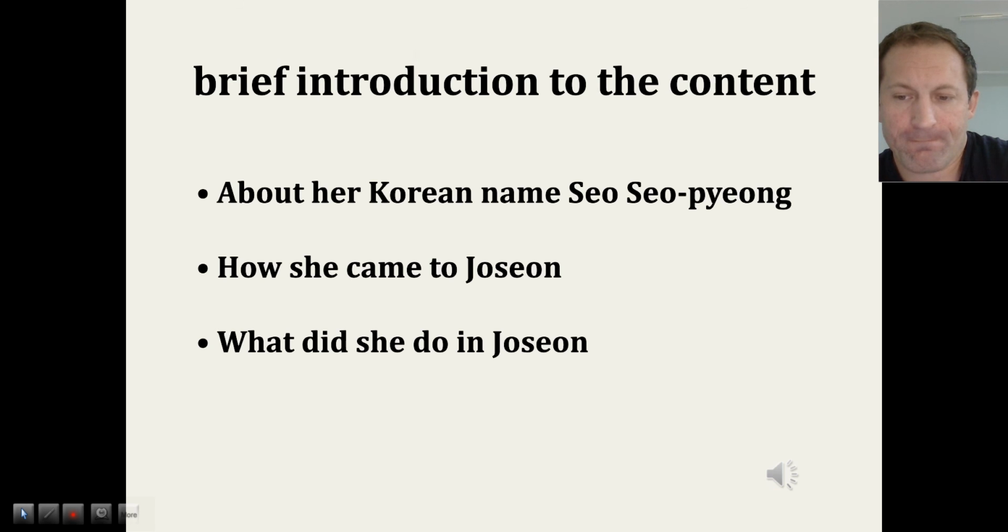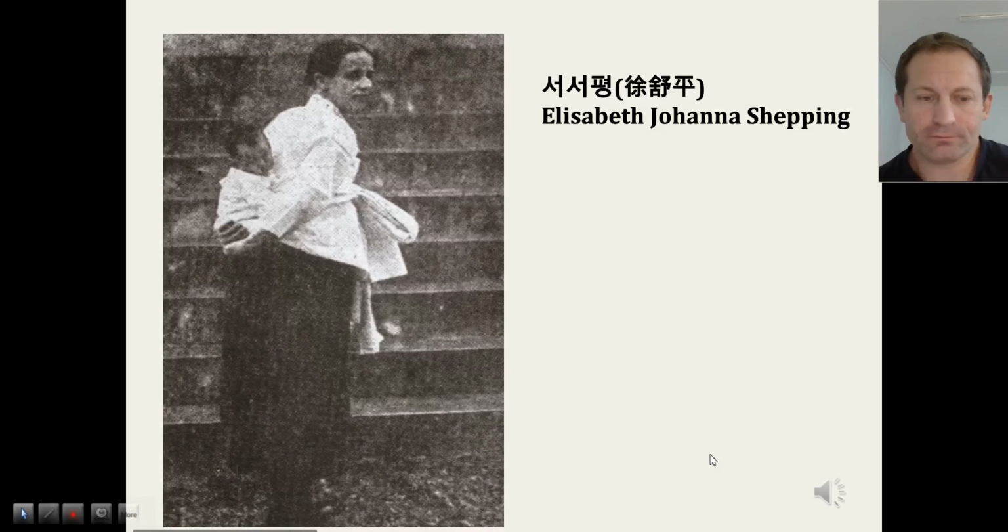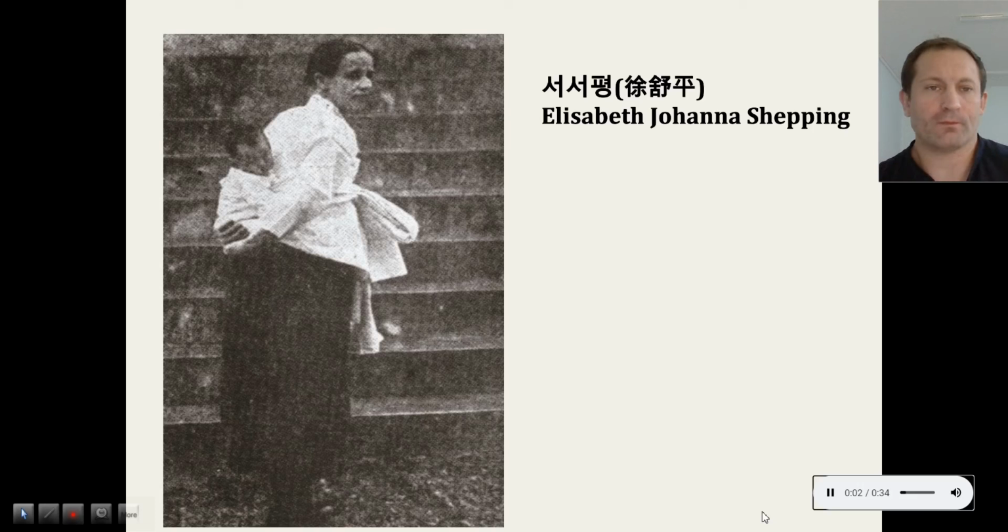In this presentation, I will talk about why her name became Seopyeong, how she came to Joseon as a missionary from the United States, what she did in Joseon, and how she lived in Joseon. She is a German American, and her real name is Elizabeth Johanna Shepping.